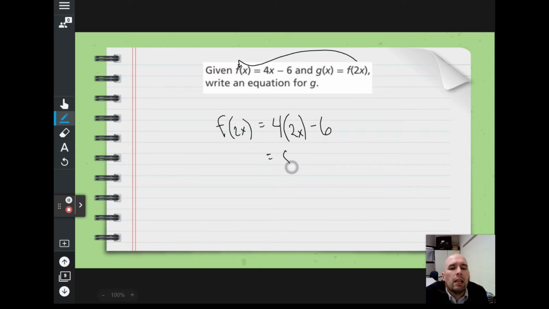That gives me 8x minus 6, and that's my answer. So g of x is 8x minus 6. Nothing to simplify there. I'm just rewriting a function where I replace every x value with 2x. Let's not overthink it.